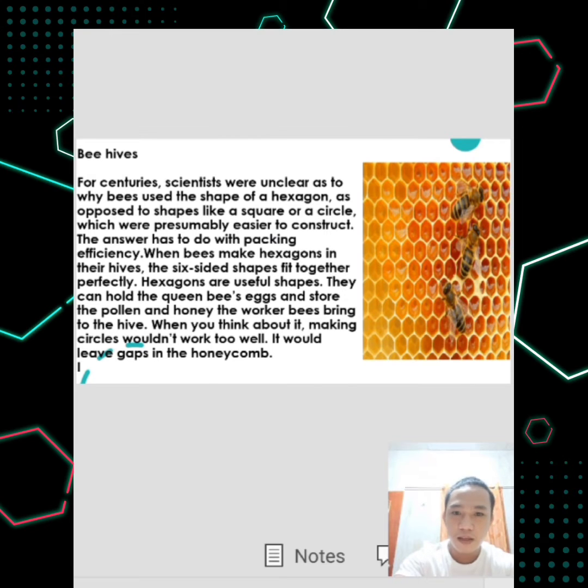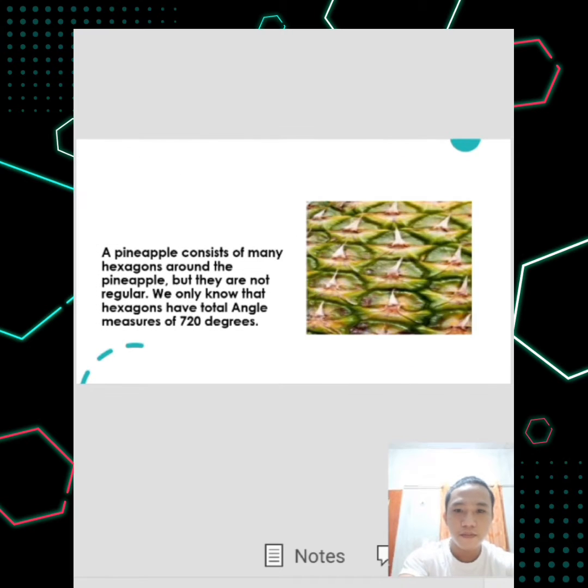So that's why the bees choose hexagon shapes. There are pollen and honey that the worker bees bring to the hive. When you think about it, making circles wouldn't work too well. It would leave gaps in the honeycomb.